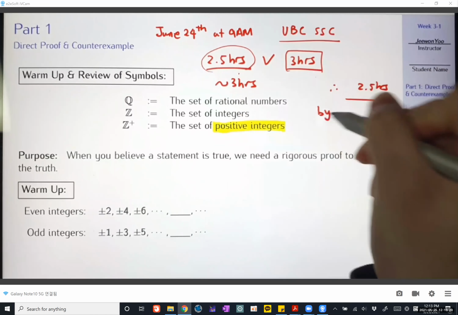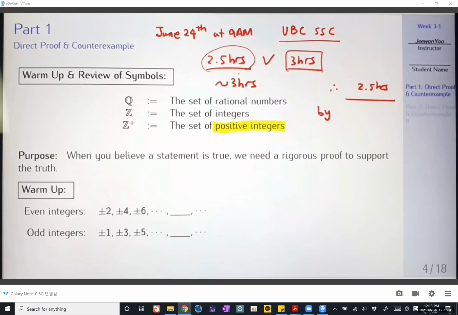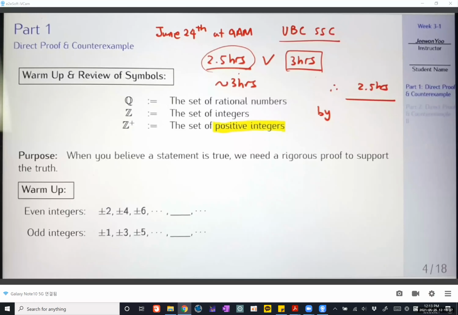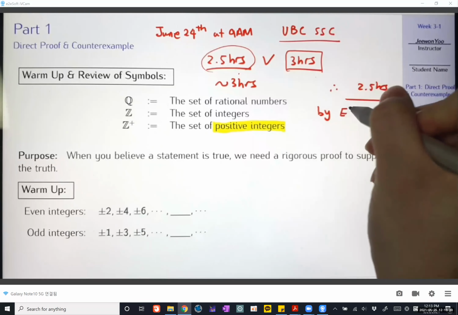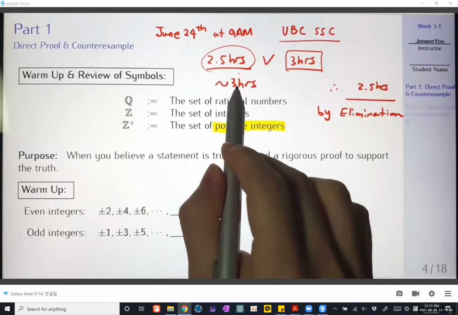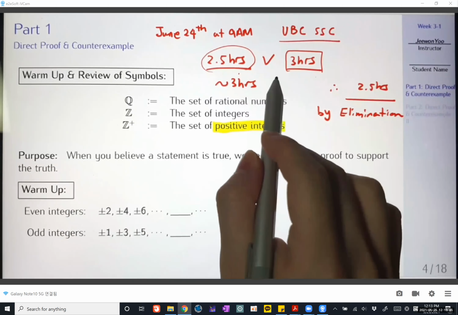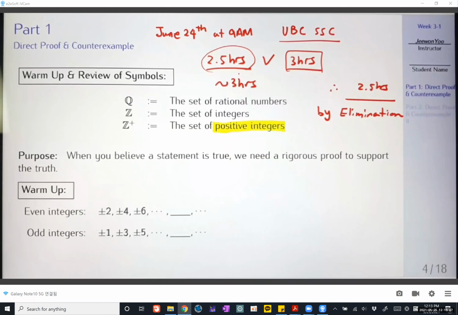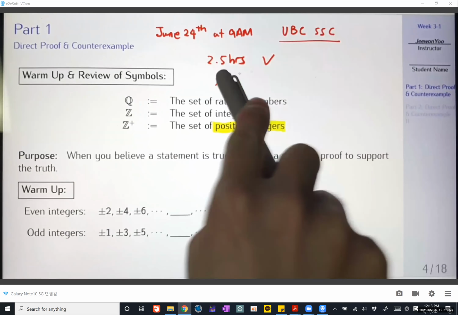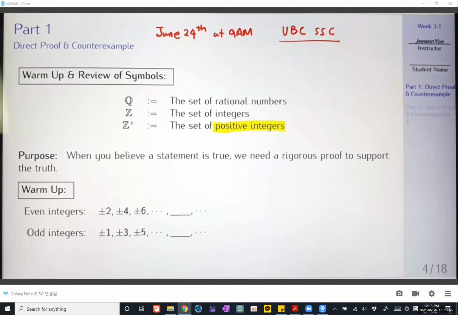By what kind of argument form? By elimination. So if UBC eliminates the possibility of having a 3-hour exam, then we're gonna have 2.5 hours, that being true. Okay. So too much talk of what we've done in the past.